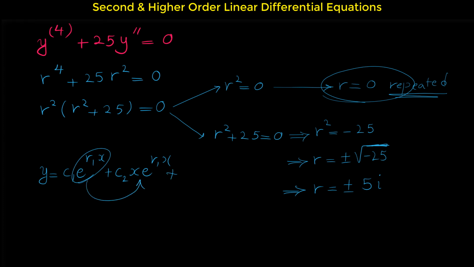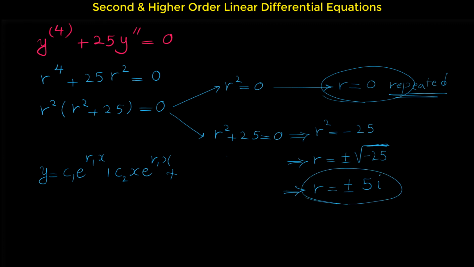Here the root is repeated twice. But if the root repeats again, suppose instead of r squared we have r cubed equals 0, then we have to add a third term here like this, c sub 3 x squared e to the rx. And we can continue this. But here, this is enough.